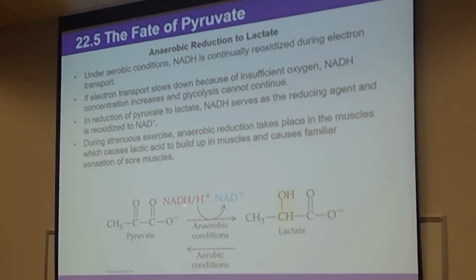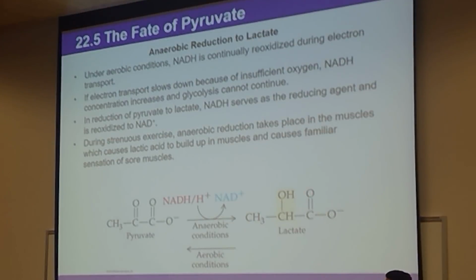And how? Somebody has to take that hydrogen. So pyruvate can take those hydrogens, one hydrogen added here, another added here, and we are going to get the lactate. Lactate is 2-hydroxypropanoic acid. It is because of the reduction that we can now have the NAD+.